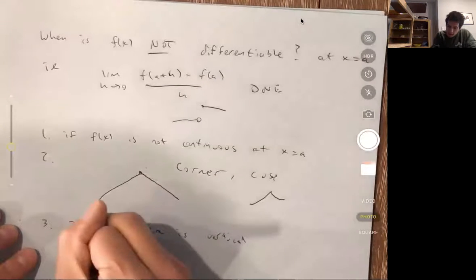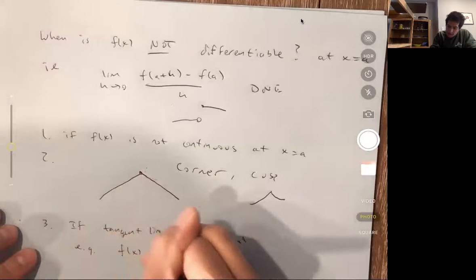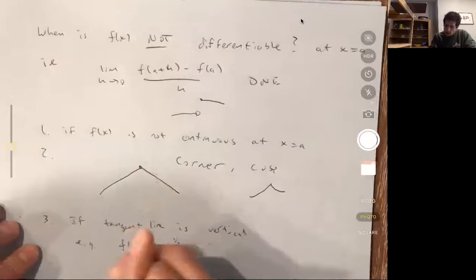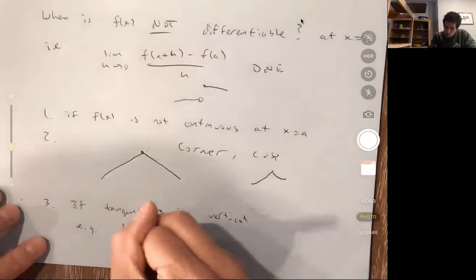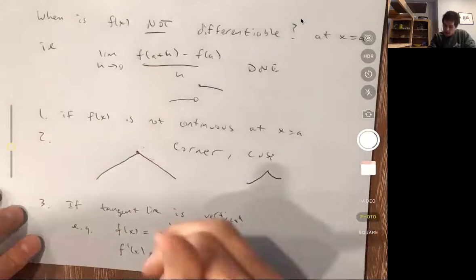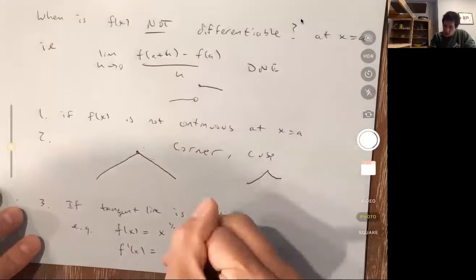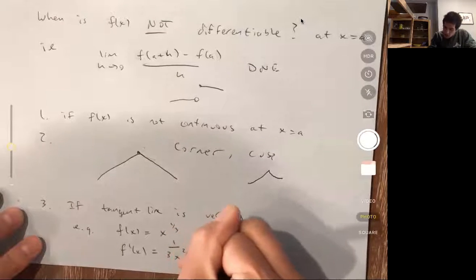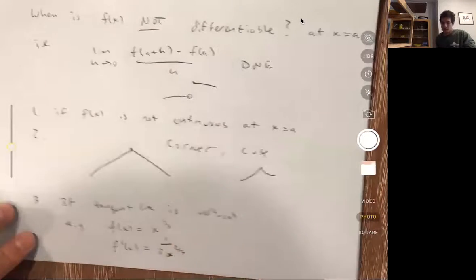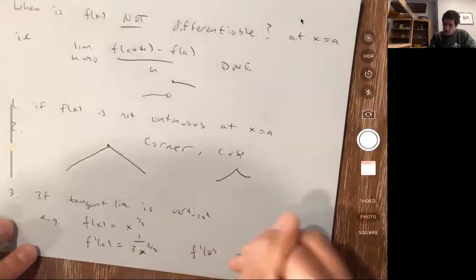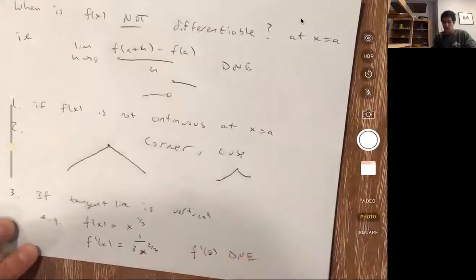Let me give you an example here. If f of x is the cube root of x, so x to the 1/3, you can work out what the derivative is, or you can use the power rule that we're going to learn in a few days, and understand that the derivative of this function is 1/3 times x to the negative 2/3. So if I plug in 0, f prime of 0 does not exist here because I'd be dividing by 0.